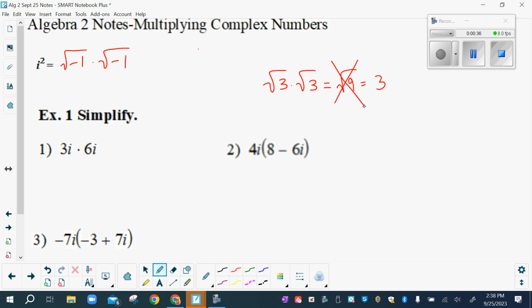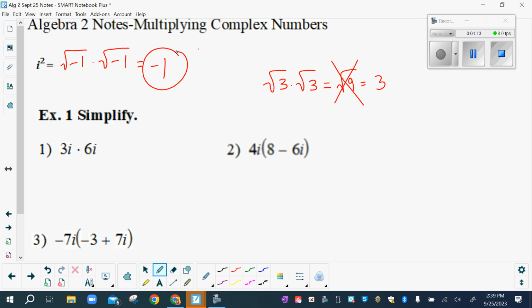This step we cannot do here. See how these two are the same and this gives us 3? We're using that pattern. The answer here is -1 by definition. So you cannot multiply that -1 and -1 and put it under the square root. By definition, i squared is defined to be equal to -1.